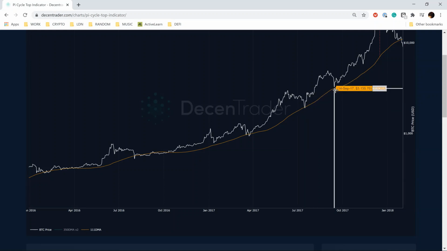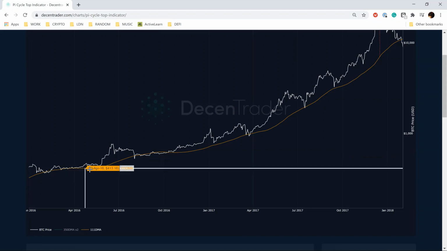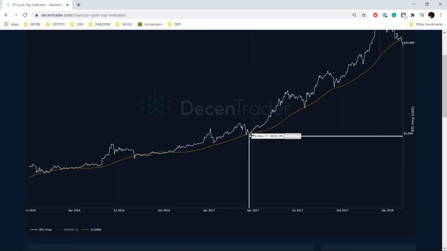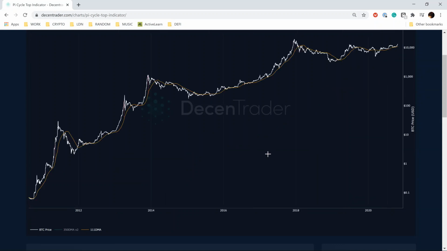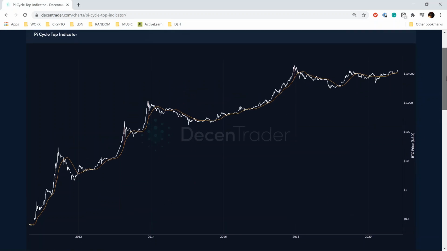You can see here it didn't close on the moving average, but it did wick down to it intraday in September 2017, so it gives you quite a good number of buy the dip opportunities in a bull market. So I personally like to use that moving average, and that's why I was playing around with it when I was trying to come up with new indicators.